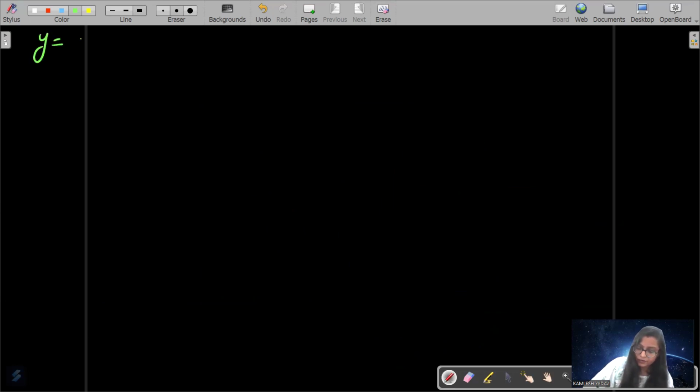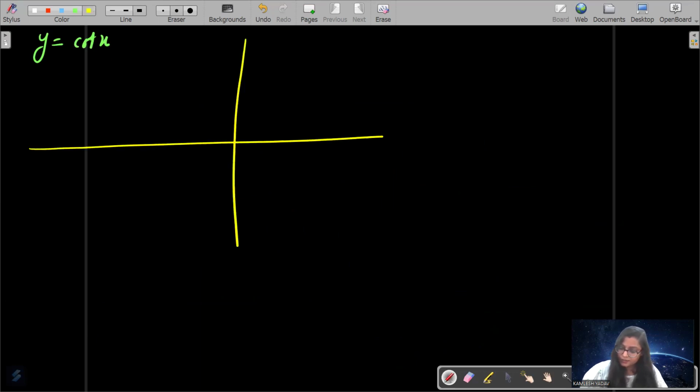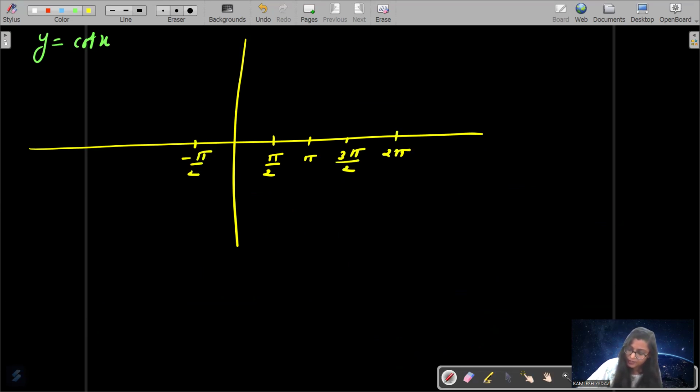Graph of y equals cot x. So first we draw the axis, and mention the points pi by 2, pi, 3 pi by 2, 2 pi, minus pi by 2, minus pi, minus 3 pi by 2, minus 2 pi.